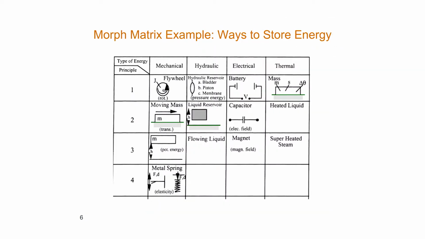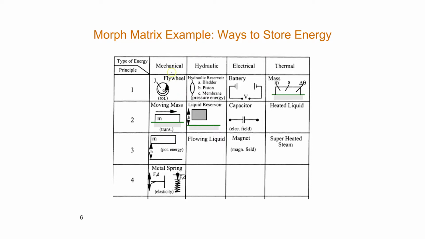Here's another example, a morphological matrix for solutions to just one function, which is storing energy. And you can see that it's an illustration of how the columns might be used to organize the solutions, and again, in this case, by energy domain.